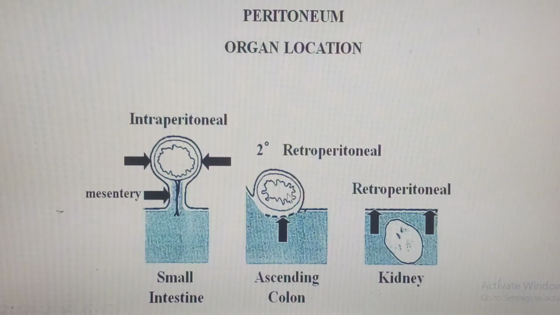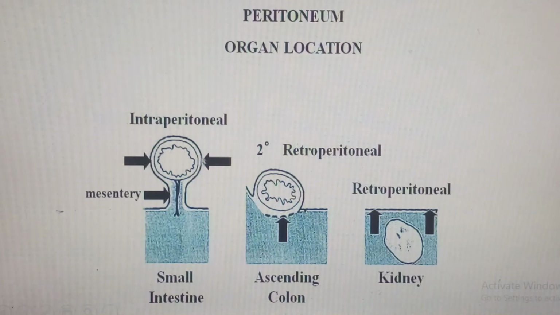Now, these have mesentery during development or whatever age, they still maintain it. However, in the case of secondary retroperitoneal organs, yes, they had mesentery, but they lost it during development. And therefore, one portion of the organ is hidden.